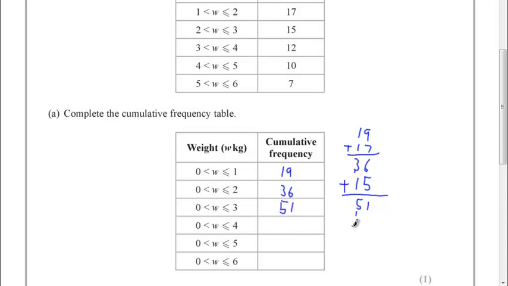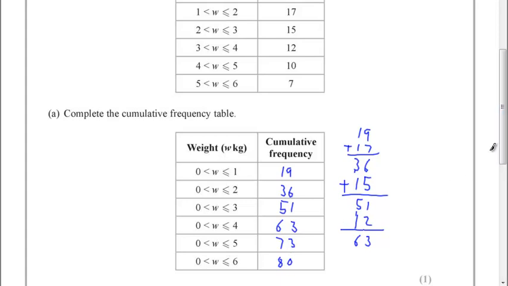And then, what have we got to do then? 12, isn't it? 63 goes in there. And then adding a 10 on, 73. And the final one is 7. 7 added on to 73 is 80, which was our total.